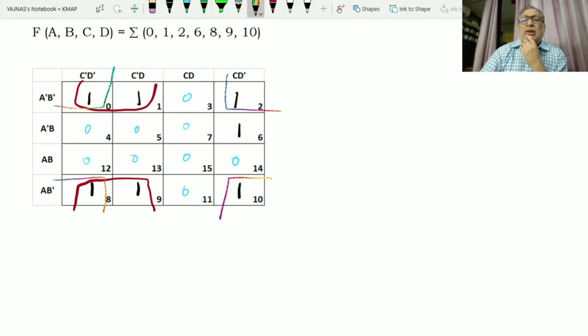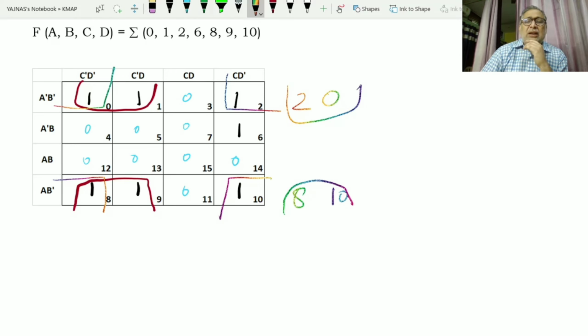So 0, 2 become adjacent and 8, 10 become adjacent. Now if you see the rolling like this, it will again become adjacent and make a quad. Is this clear, children? Yes, sir. And then 2, 6 is one pair.